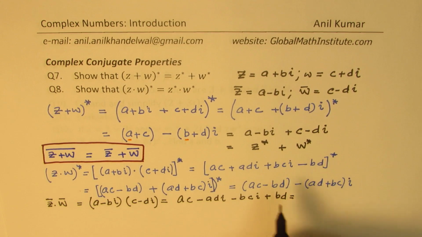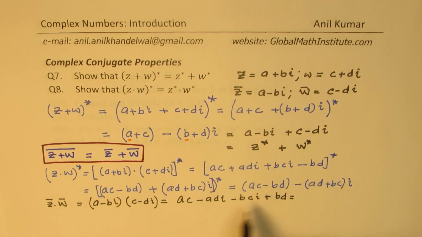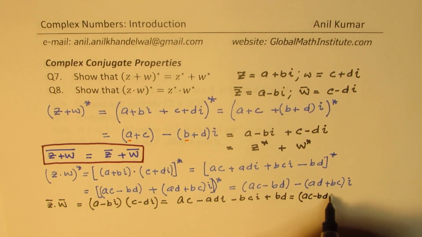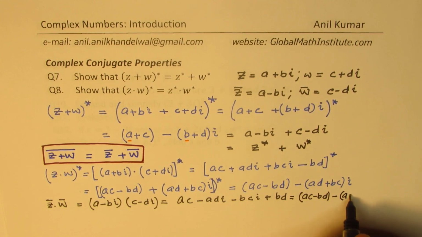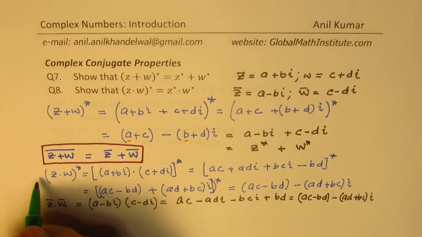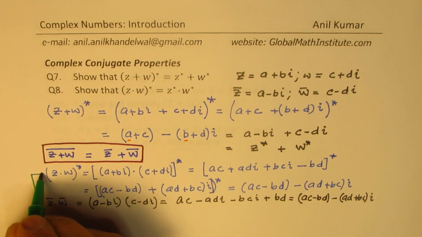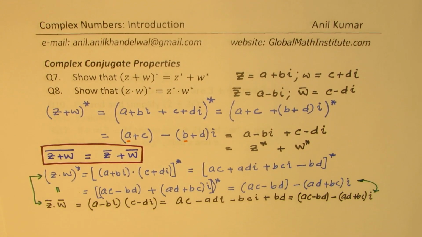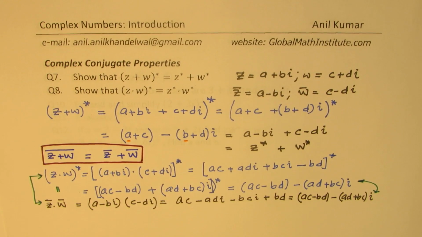And that is equal to ac minus bd, combining the like terms, minus ad plus bc times i. Is that clear to you? So you can very clearly see that both are equal. So that is how we can show that the product of conjugates is the same as first multiplying and then taking the conjugate. I hope that makes sense.